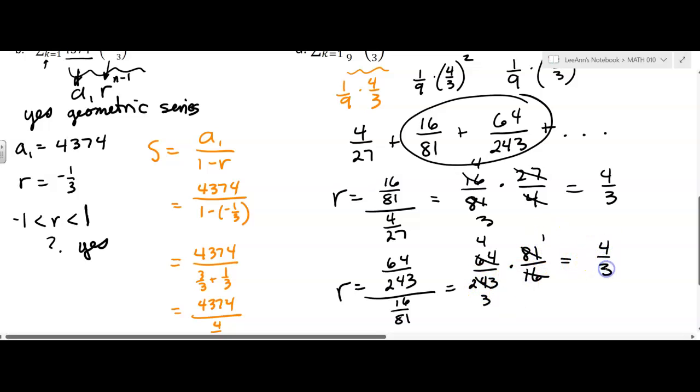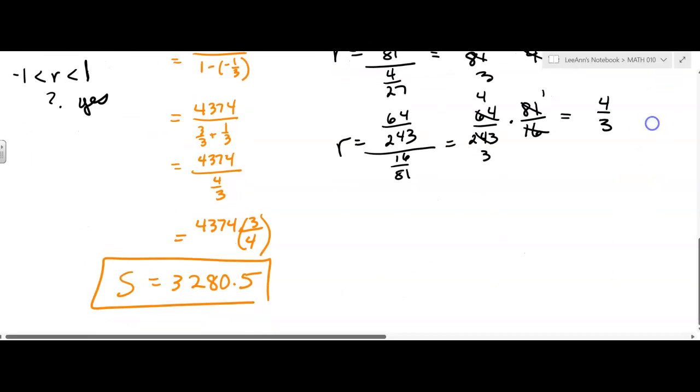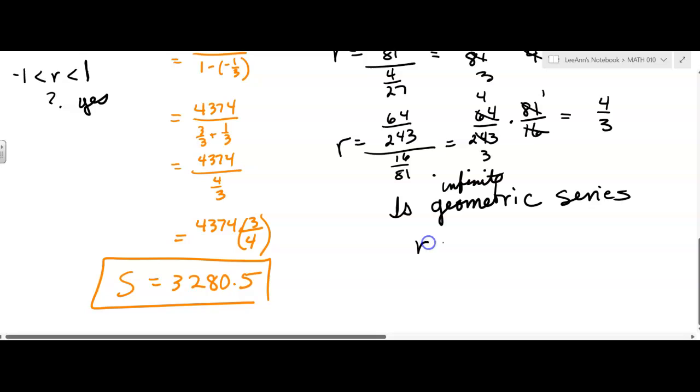Okay, so it is geometric. An infinite geometric series. It's infinite because it's going to infinity. Okay, but r is 4/3, is r between 1 and -1? No. So it's not defined. It's getting bigger and bigger. All right, there we go.